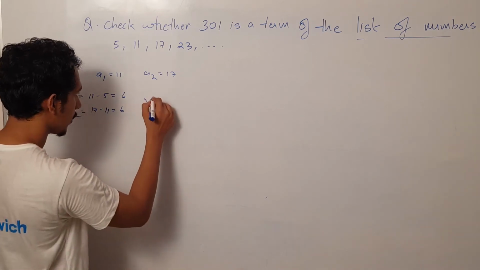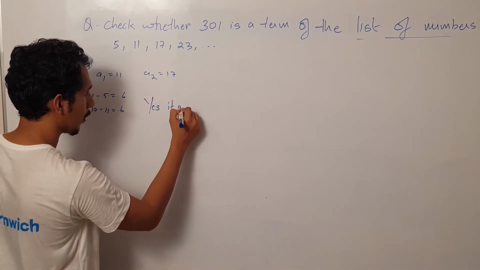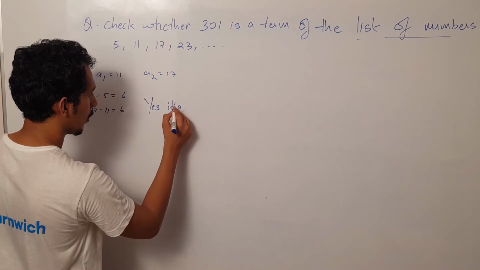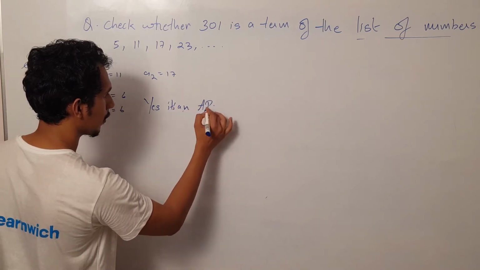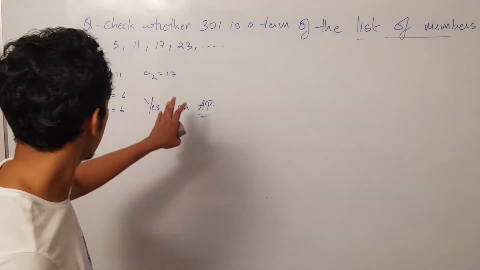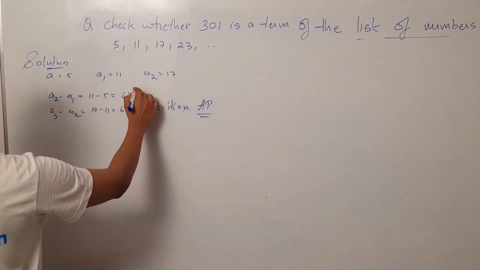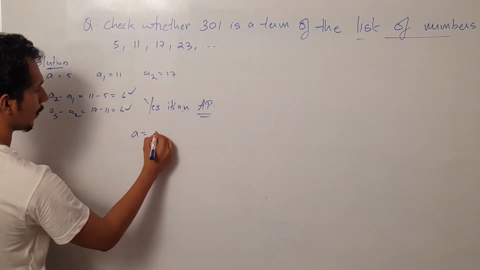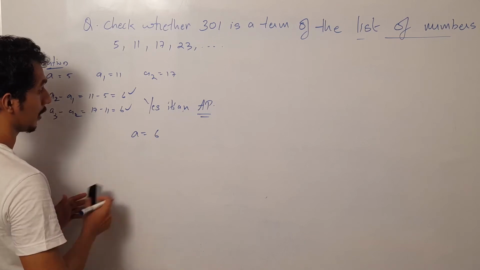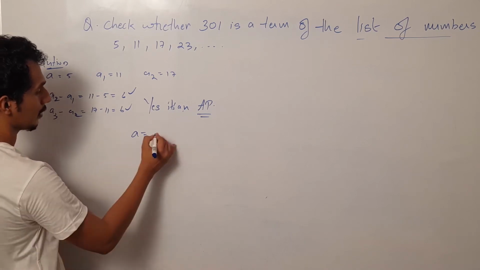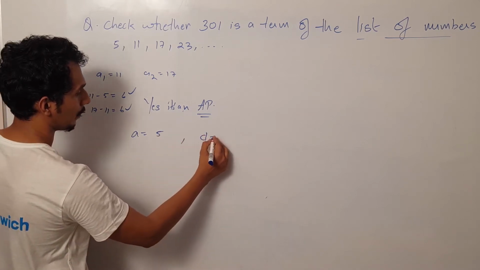So yes, it's an AP, because the common difference is the same. So what are the values we have? Sorry, A is equal to 5, and we have d is equal to 6.